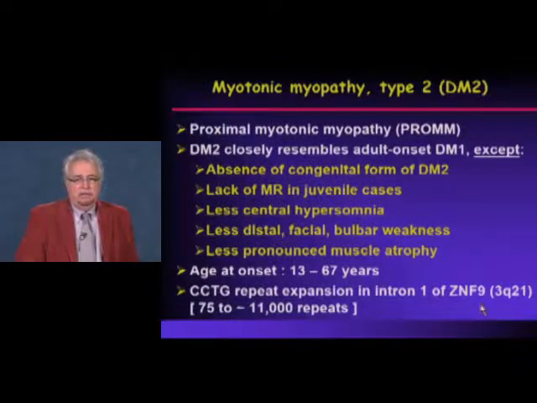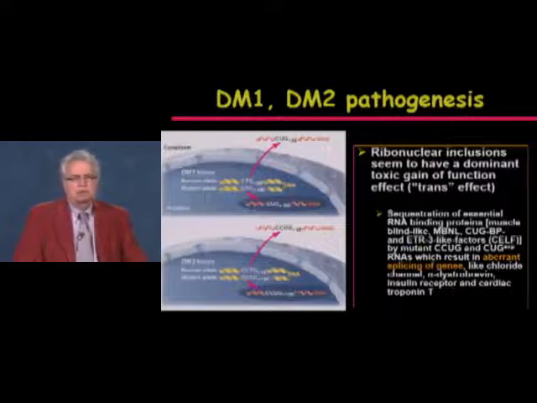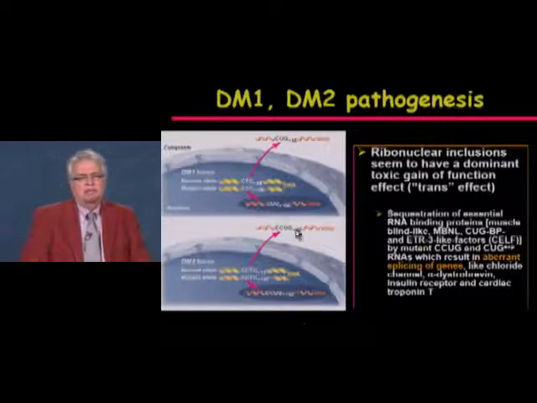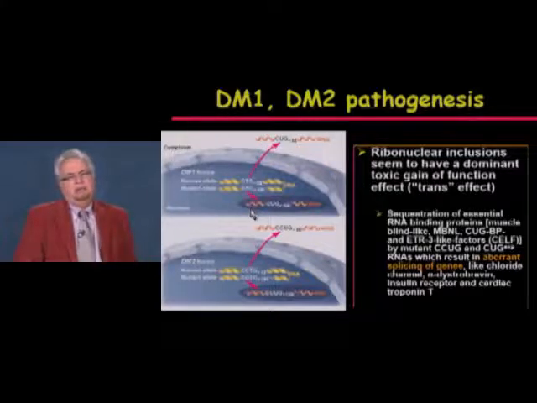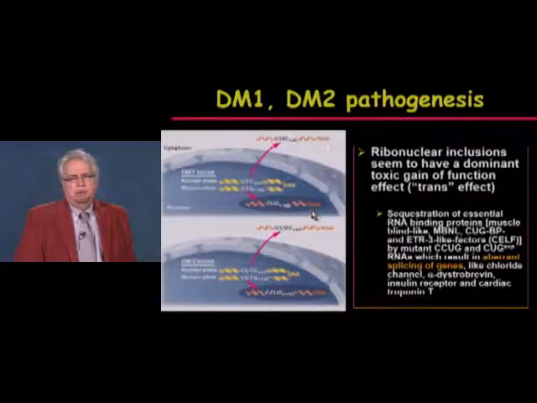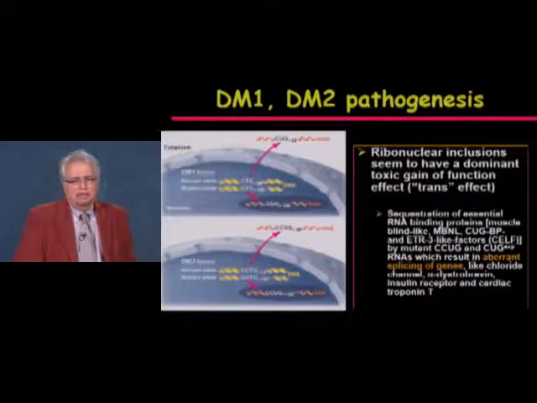In both of these conditions, the pathogenesis is similar. These expanded RNAs tend to be very sticky, and they seem to exert a dominant toxic gain-of-function effect on other genes by sequestering a number of essential RNA-binding proteins, like the muscleblind protein and many others, and therefore resulting in aberrant splicing of different genes.